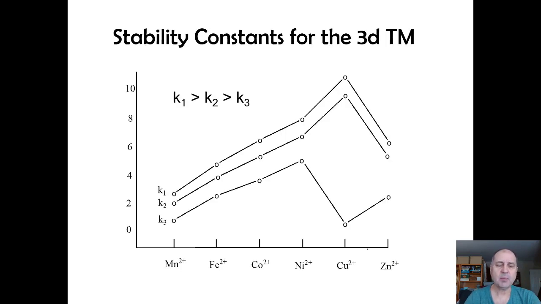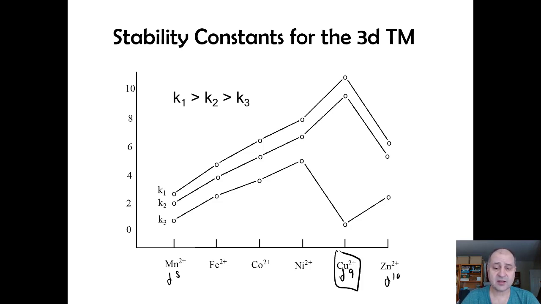So if we look at a chart of the magnitude of these equilibrium constants with respect to each other for different transition metal centers, starting from d5 manganese 2+ all the way to d10, which would make this oddball here that does this goofy stuff a d9 copper 2 complex.